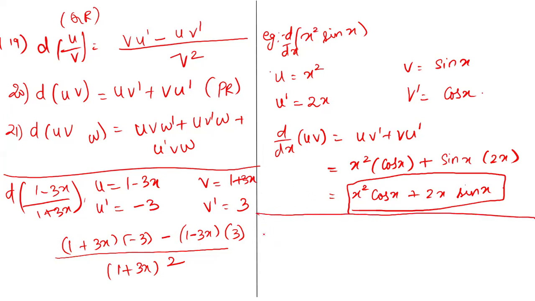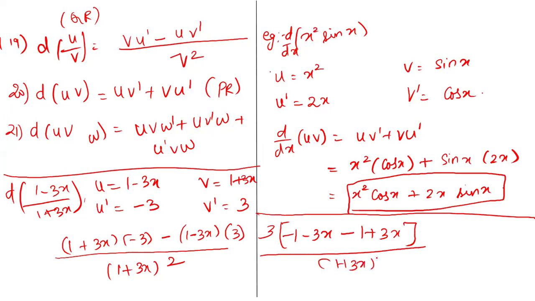If I simplify, in both terms 3 is common, so I'm taking out 3. There is a minus, so I'm multiplying the entire thing with minus. So this will be minus 1 minus 3x, and then minus 1 plus 3x, divided by 1 plus 3x the whole square.